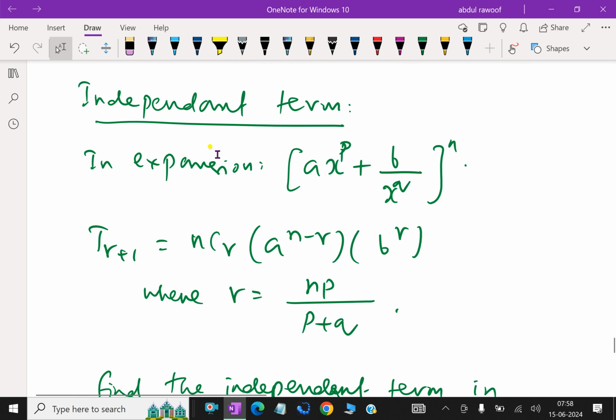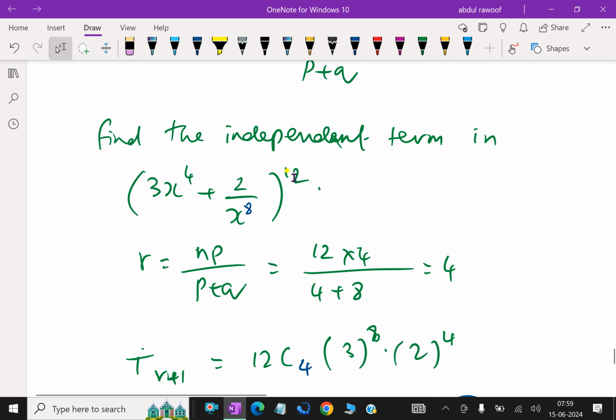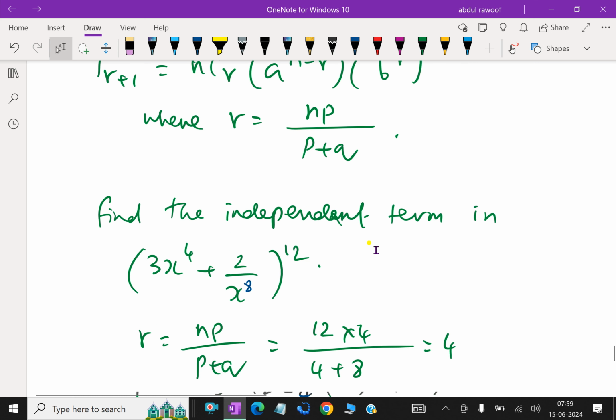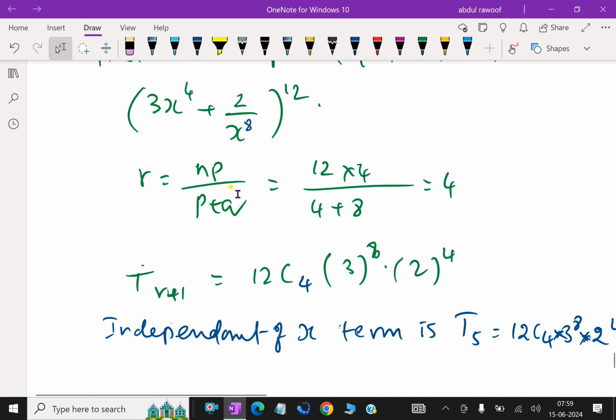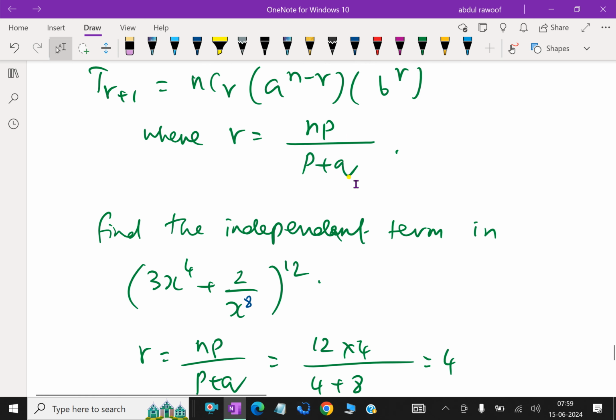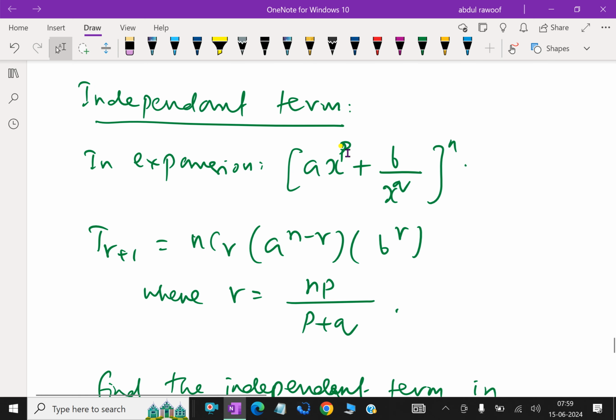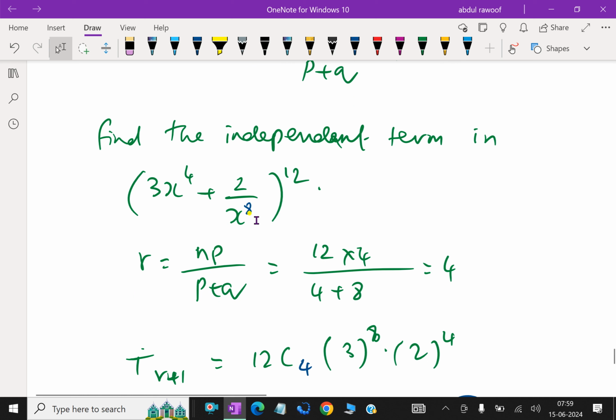Now the value of r we have to calculate is np over p plus q. Find the independent term in this expansion: (3x power 4 plus 2 over x power 8) power 12. For this we have to find r. r is np over p plus q, where n equals 12, p is 4 and q is 8.